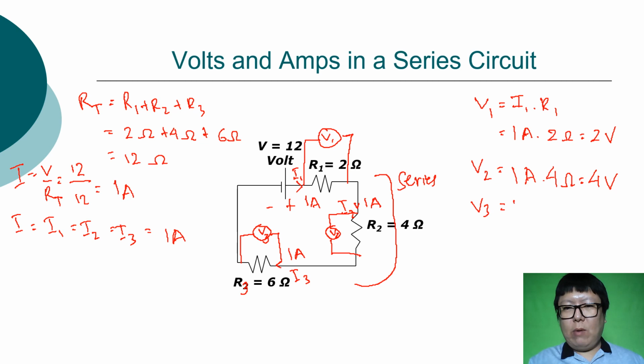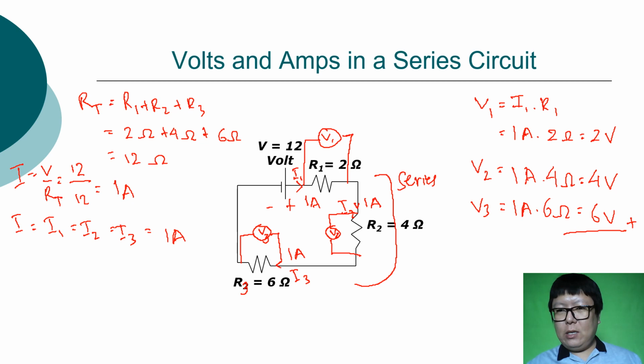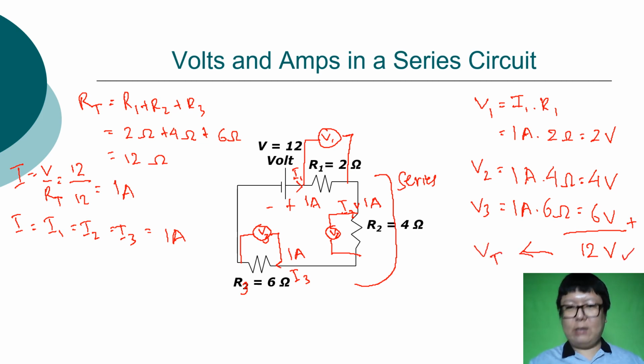V3 is 1 ampere times 6 ohm, we get 6 volt, right? And we can check all of this is 12 volt, the same as V total, so your answer is correct. Okay, any question for this? If you have a question, you can text me, you can chat, or you can ask in general in Teams.